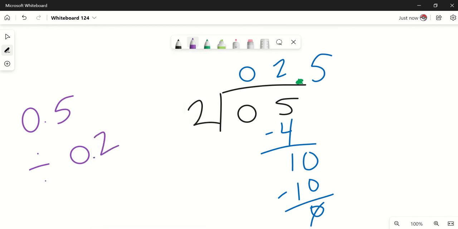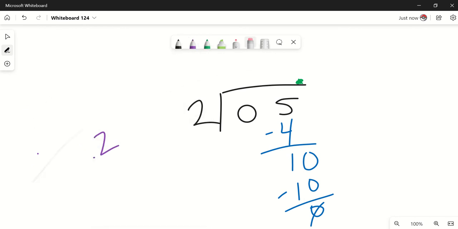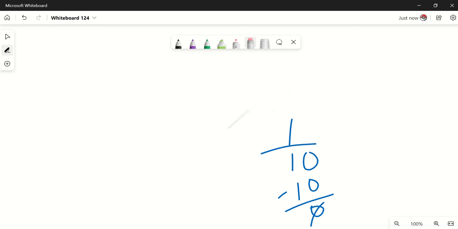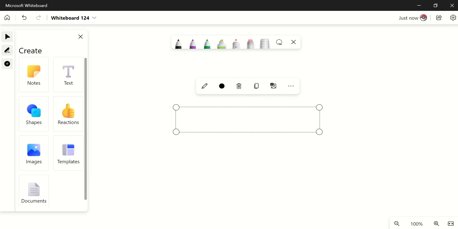So again, the recap of this is: always, if your divisor, which is the number you are dividing by, let me go ahead and get some text boxes so this can be in your notes.